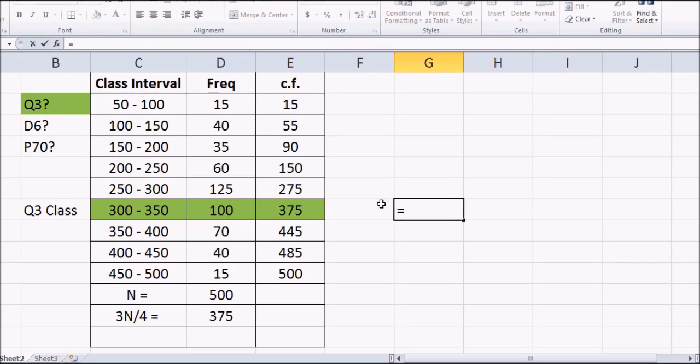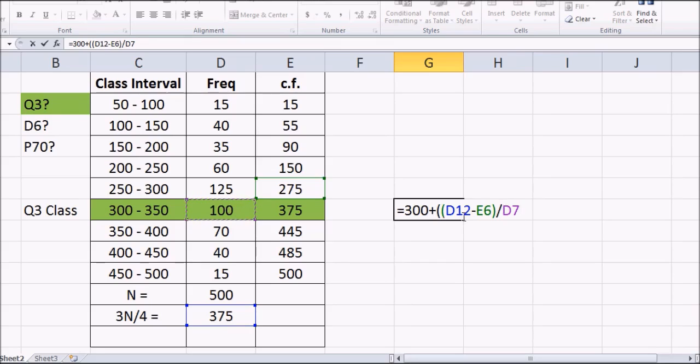I need the lower value of the Q3 class, which is 300, plus I need 3n by 4, which is 375, minus the cumulative frequency before the Q3 class, which is 275, divided by the frequency of the class. Sorry, I've been saying median class all along because I got used to it, but it's the Q3 class.